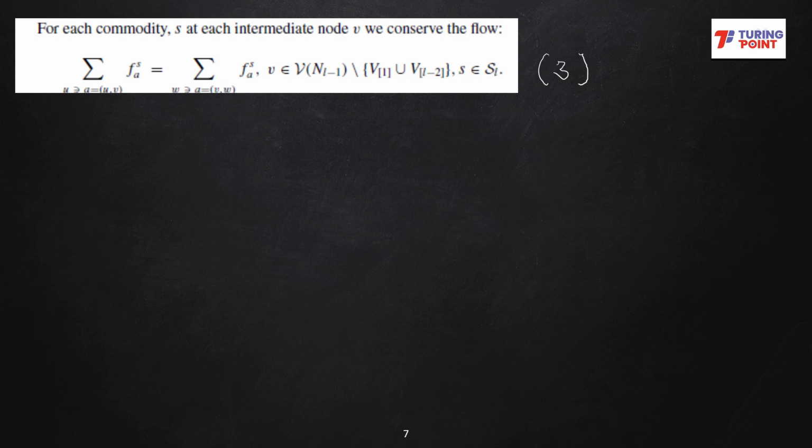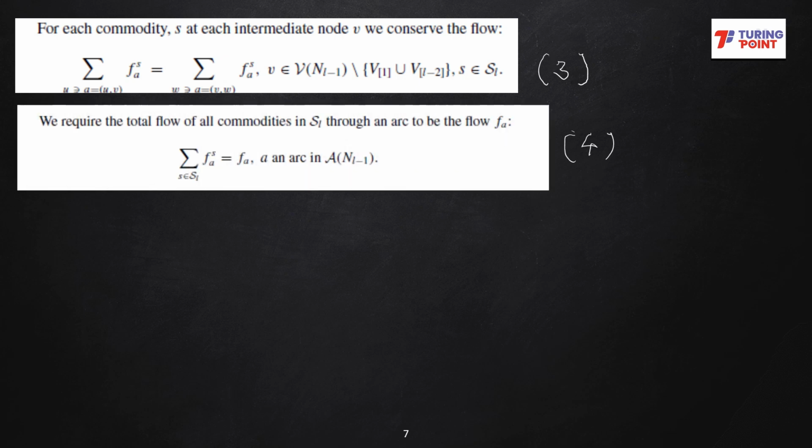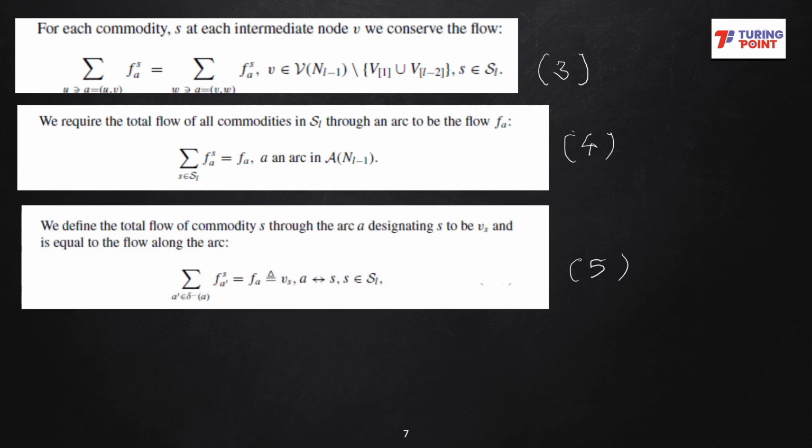Next, we require the total flow of all commodities in S suffix L through an arc to be equal to the arc flow F A. See equation 4. Let V suffix S be the total flow of commodity S through an arc A. So for each commodity S in S suffix L, we have FA is equal to V suffix S for the arc A designating S. See equation 5.